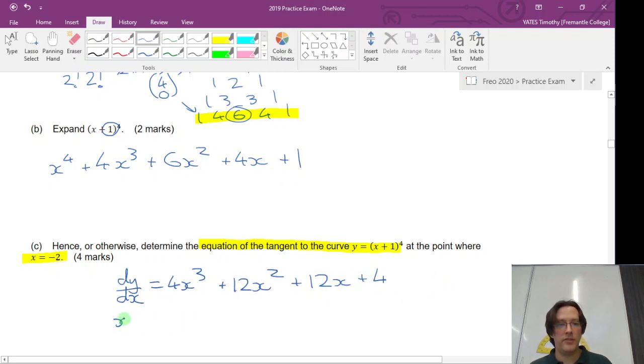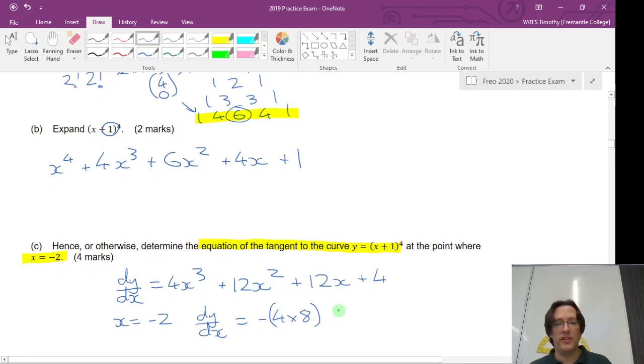So if x equals -2, dy by dx is going to be, now this is going to be -8 because it's an odd power, so the negatives don't cancel out. So that's going to be negative, I'm just going to do 4 times 8, just move the negative out the front.